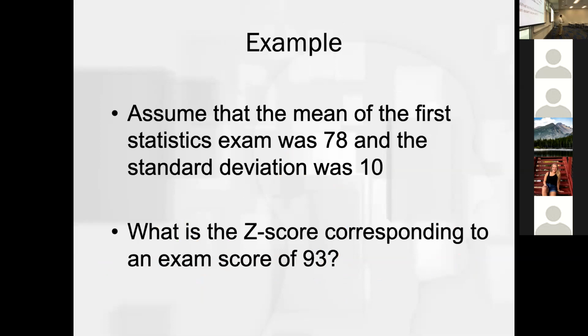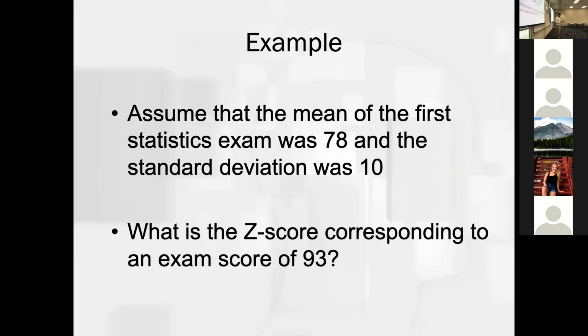All right, so let's work out an example. Assume that the mean of the first statistics exam was a 78 and the standard deviation was 10. What would be the z-score for somebody who got an exam score of 93? So let's write this down.